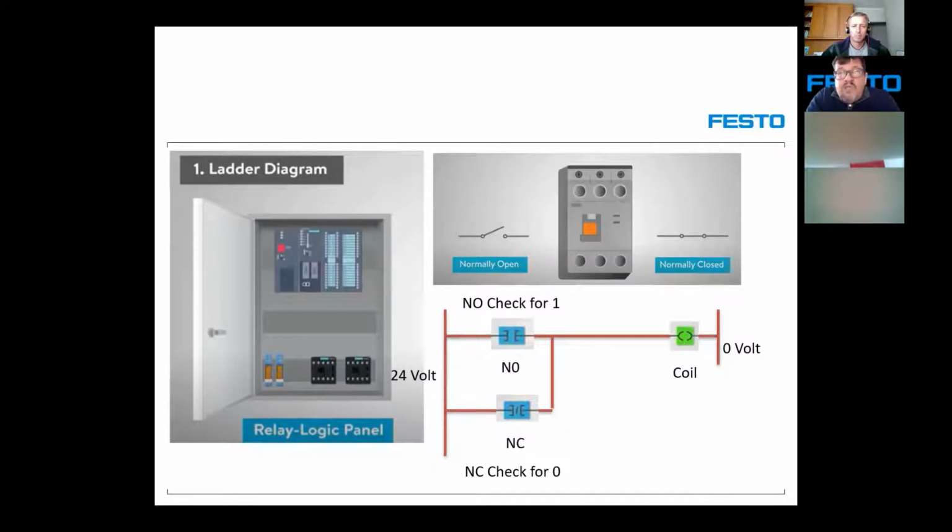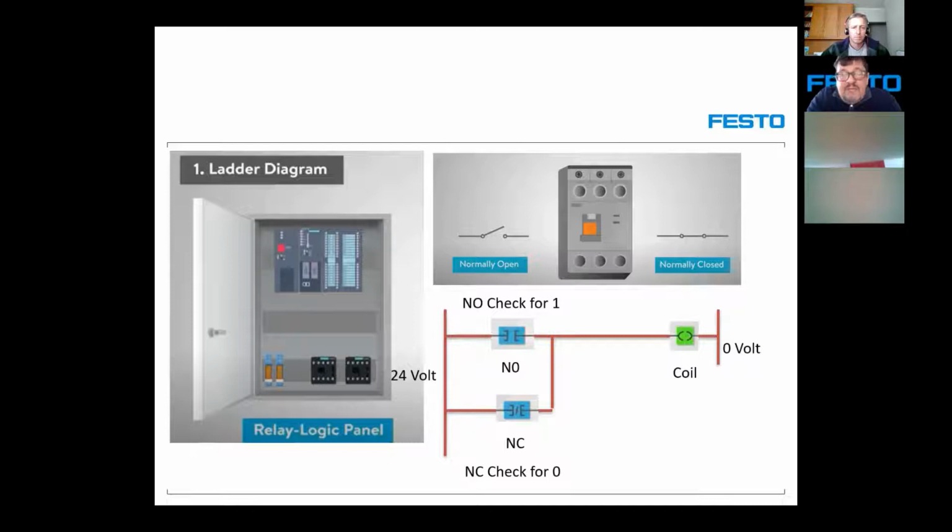The moment you energize a relay, the contacts change state, that means a normally open will close or a normally closed will open. Now, what does that mean within a PLC? It means that you check for an on or you check for an off, or what we refer to as checking for a 0 or checking for a 1.